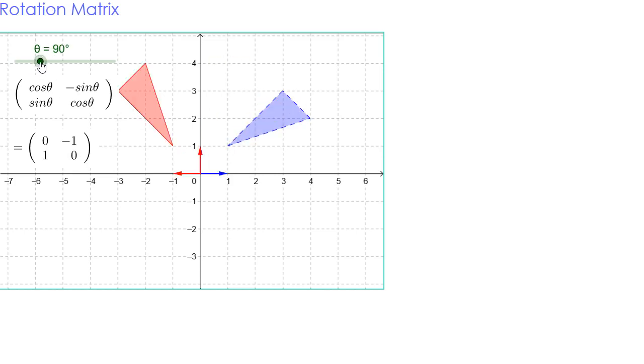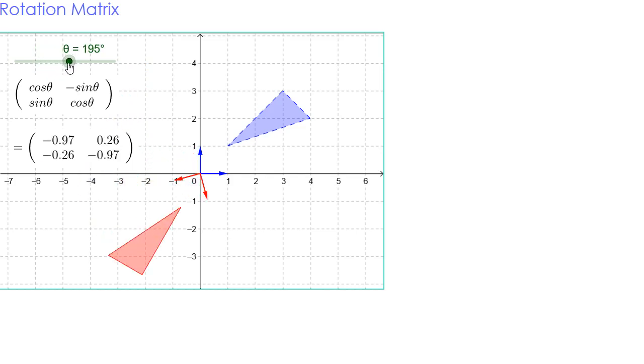But if you pick another angle, like a 90-degree rotation, let's say, it is going to take all of the points in R2, but we're only looking at one triangle, just so you can picture it, and rotate the points in that triangle 90 degrees around the origin. And if, well, they're calling it theta here, but if phi was something else, your triangle would end up somewhere else, like over there or over there.